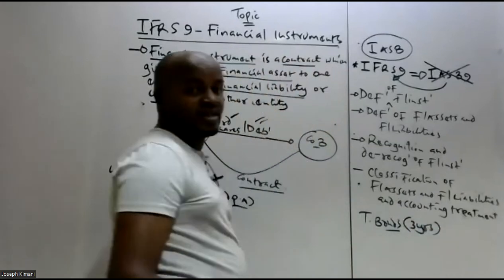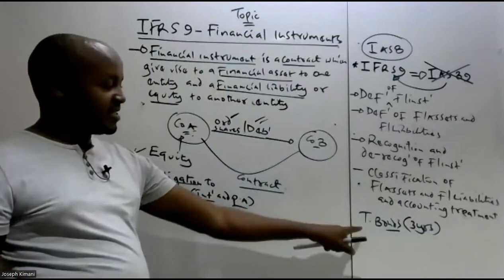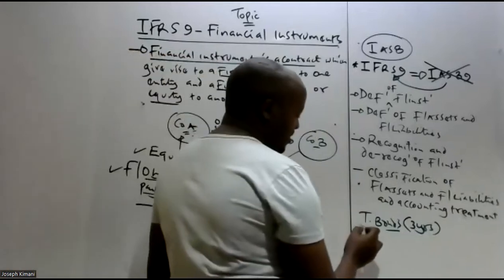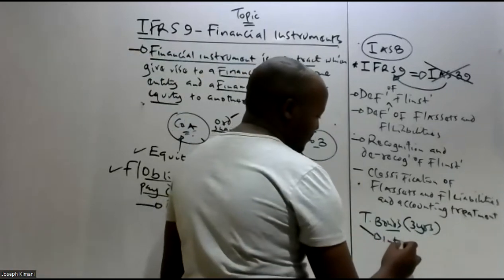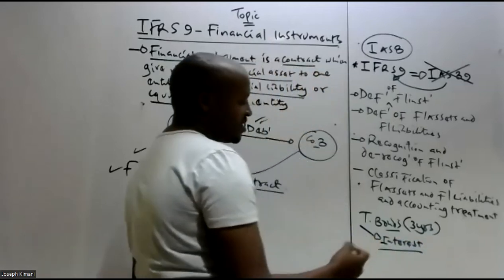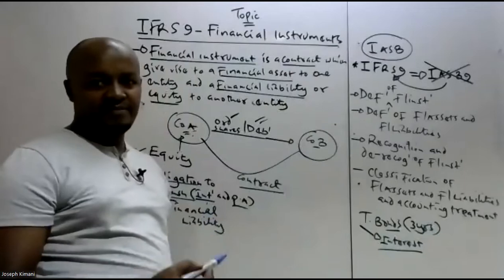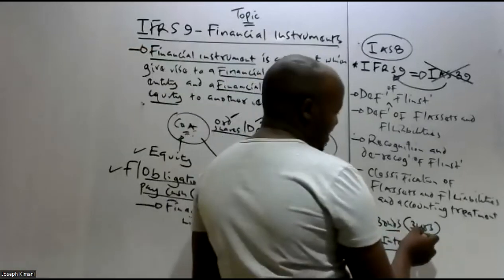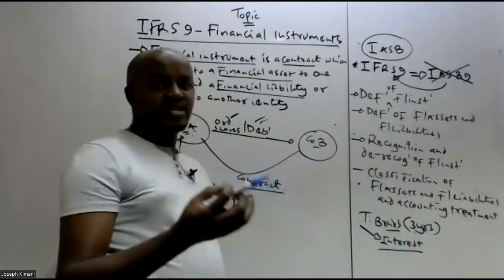What does that mean? It means that once you have invested in these treasury bonds, the government is supposed to pay you interest, which in most cases is payable semi-annually. And then at the end of the 3rd year, you'll be given back the amount of money you had invested.